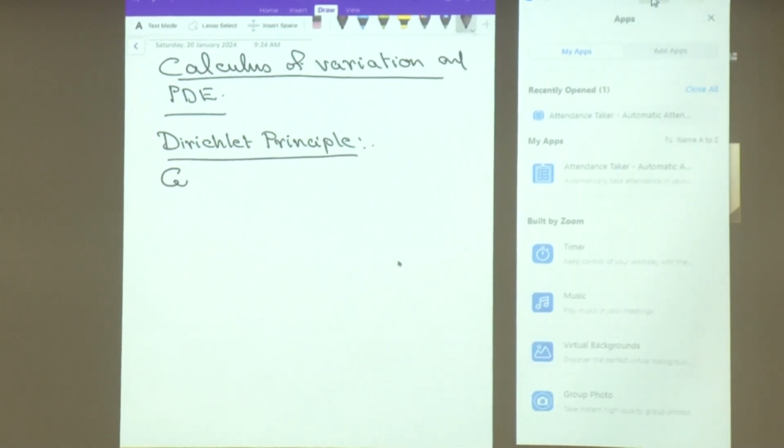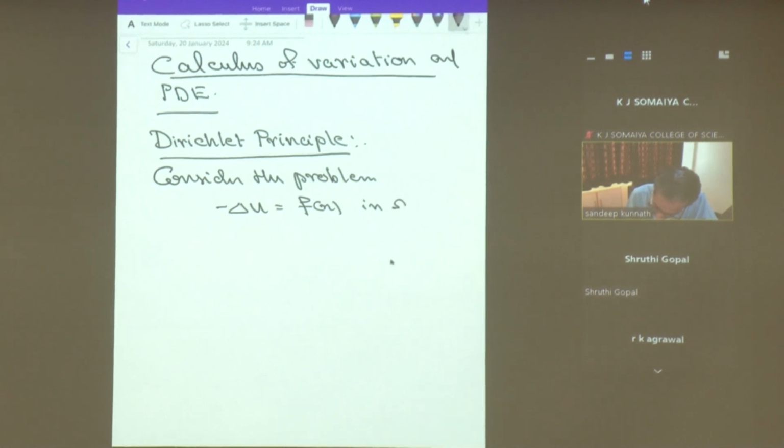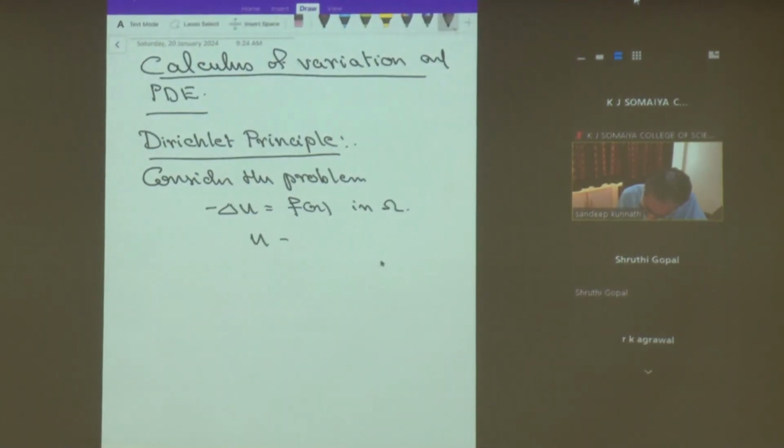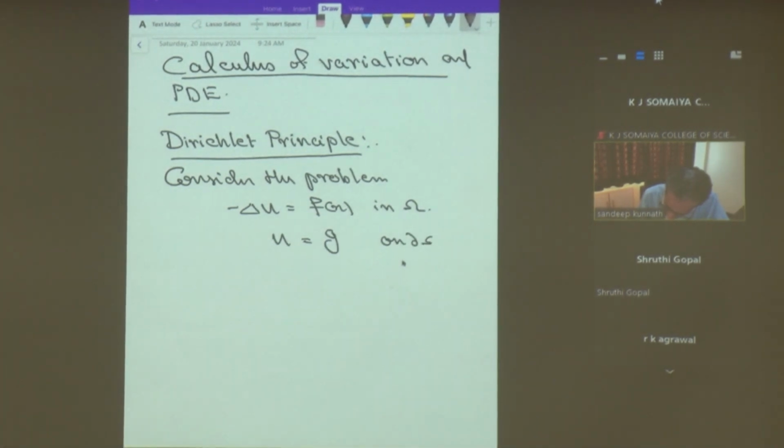So consider the problem, or the PDE: minus Laplacian of u is equal to, say, f of x in some omega, and with u equal to g on the boundary of omega.